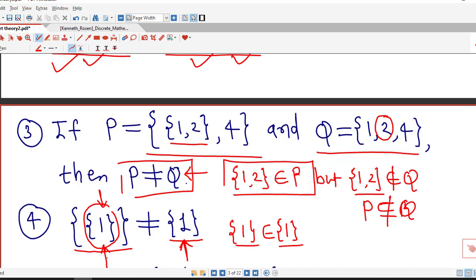So we cannot say that this set is a subset of this set. Therefore they are not equal.